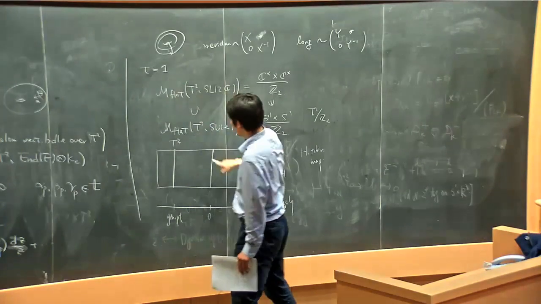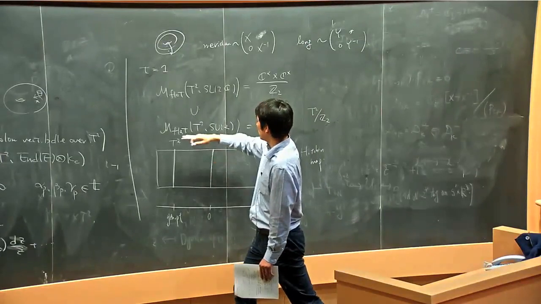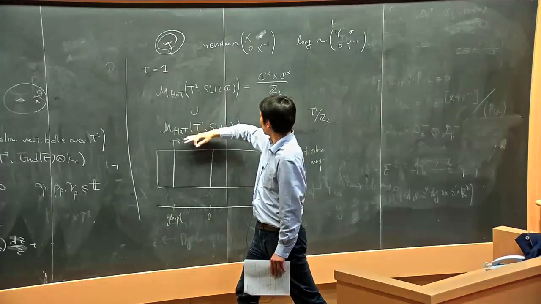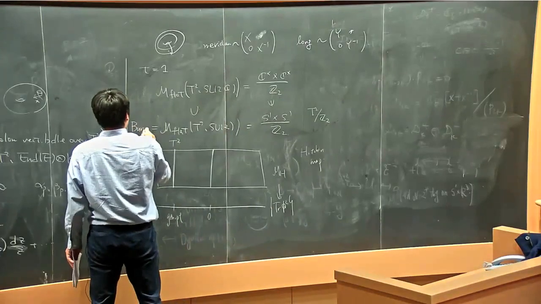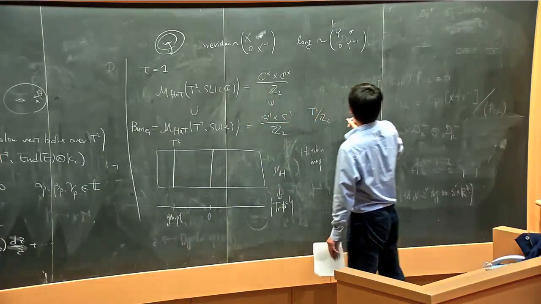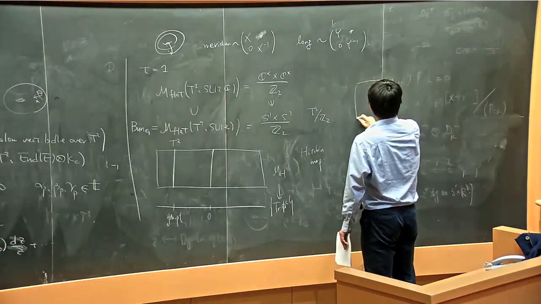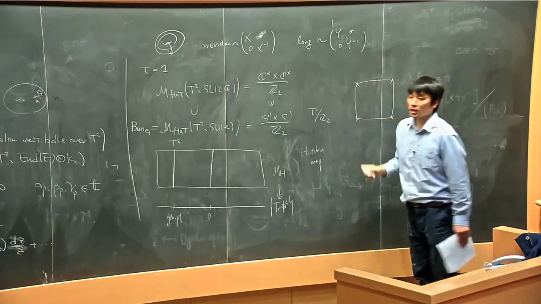When t equals 1, this global nilpotent cone is indeed equal to this real locus, and I just want to call it Ban G for some reason. So in the t equals 1 case, the global nilpotent cone is the pillowcase.